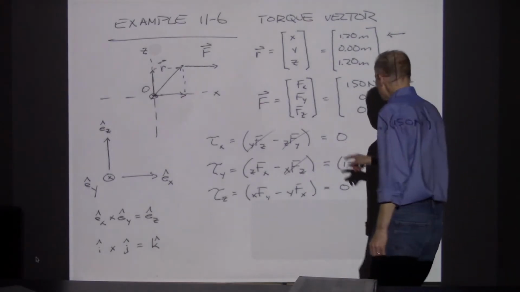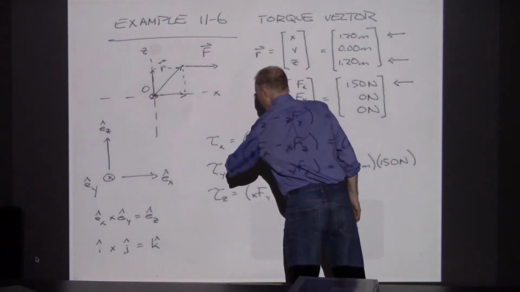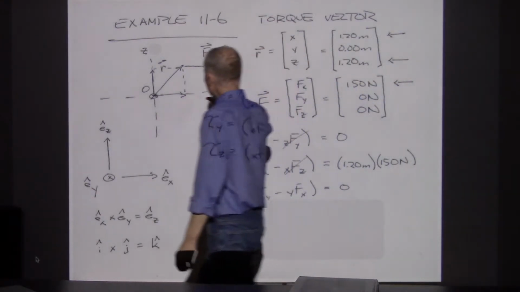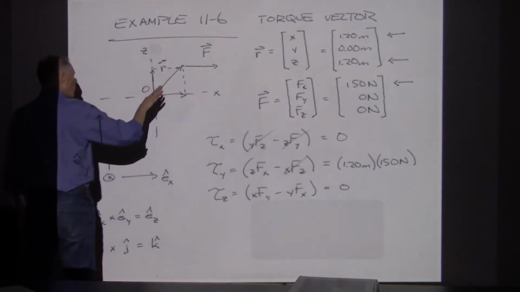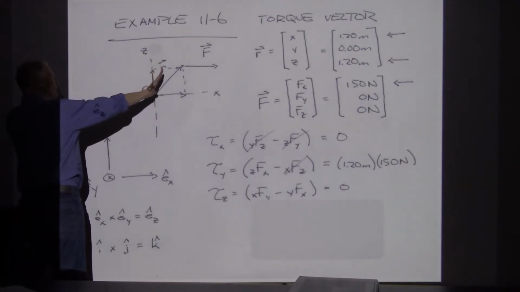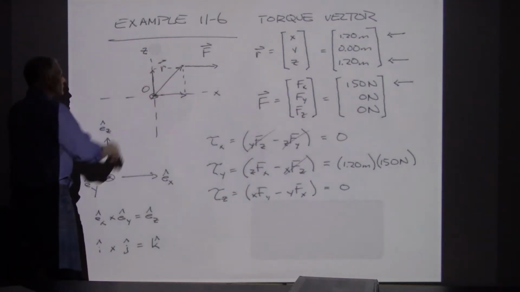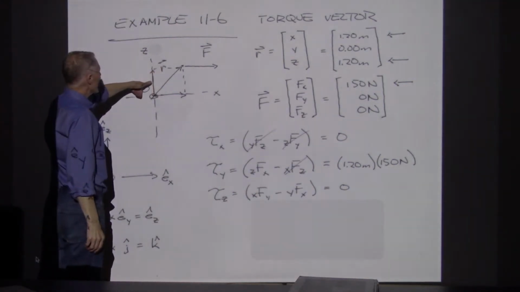Now notice, the only component of torque is in the y direction. So if this is the y direction into the board, I could put my thumb in the direction of that y-axis and say a positive torque would go in this direction, a negative torque would be back the other direction.